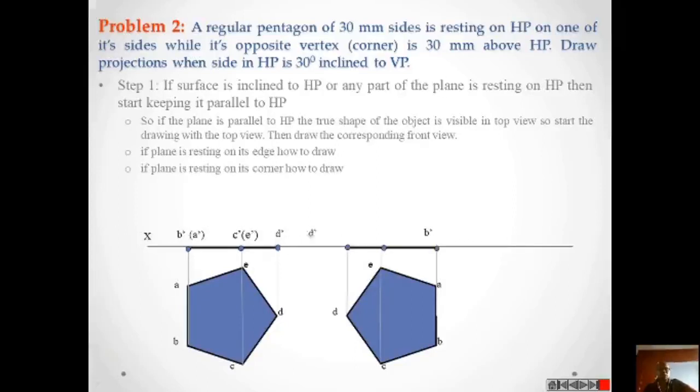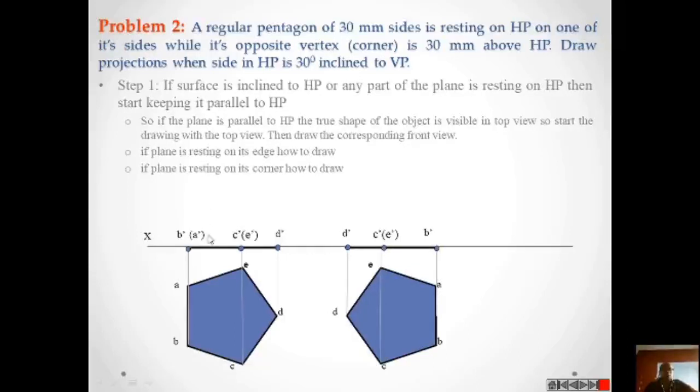So this is also a plane parallel to HP. Now here, when you are rotating this line like this, this corner will be on XY and this will be going up.